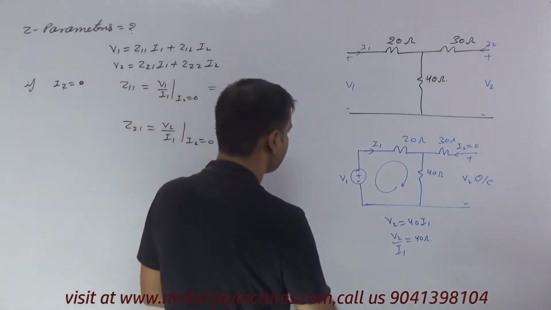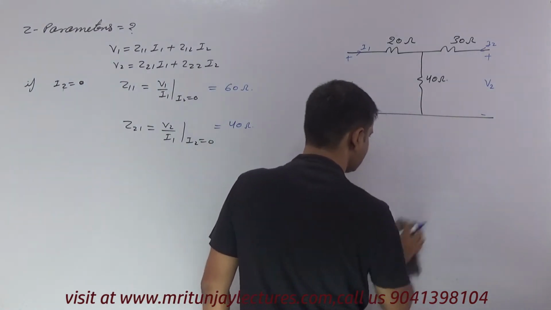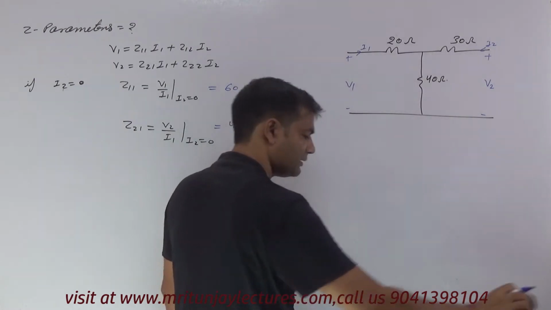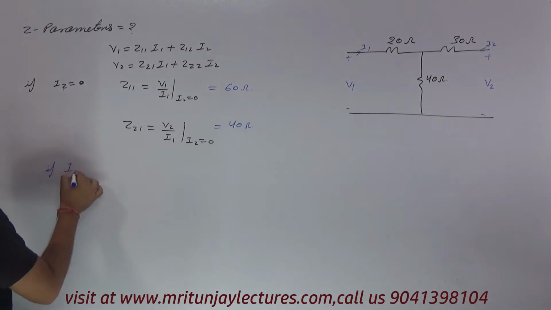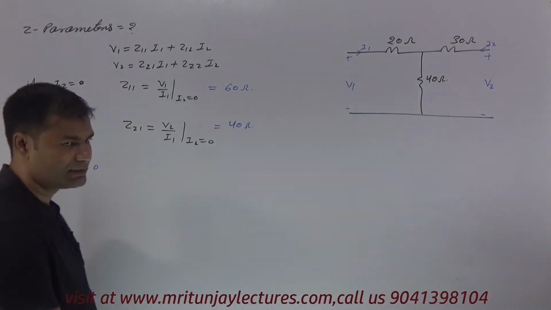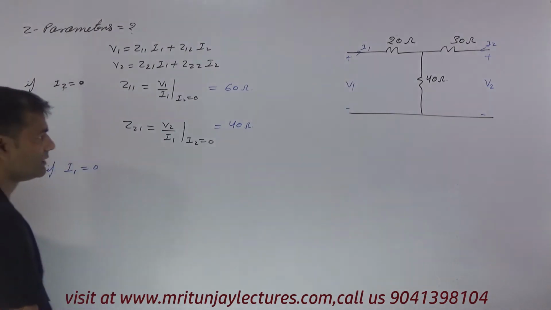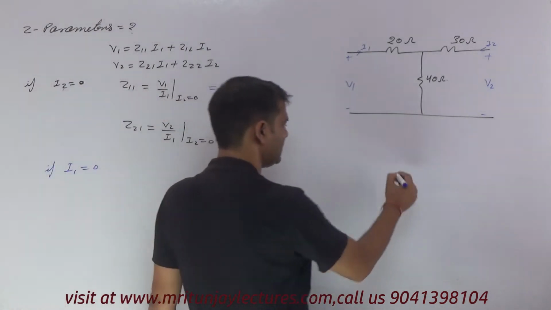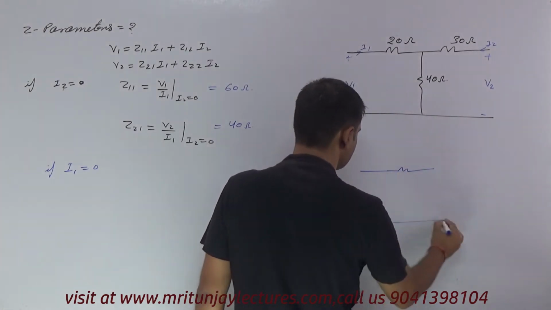Now another case, our next target is to determine the parameters if I1 is equal to 0. If I1 is equal to 0, port 1 is open circuit. Clear?